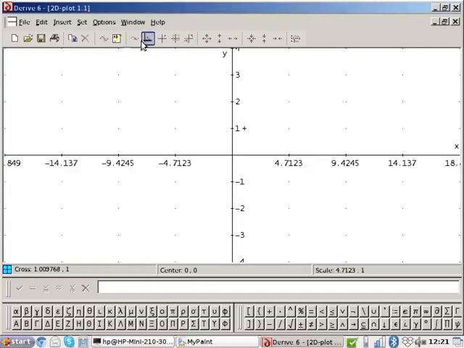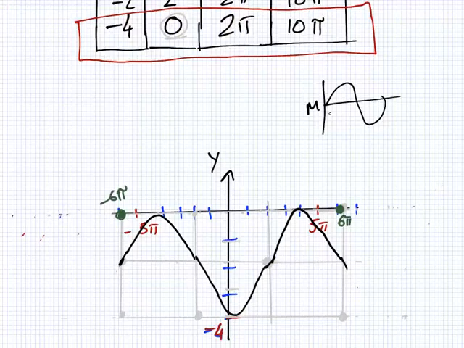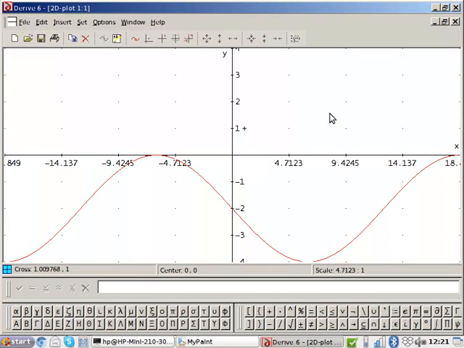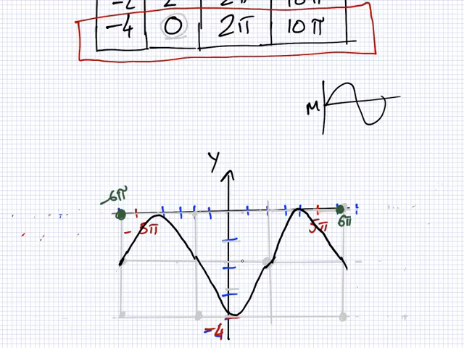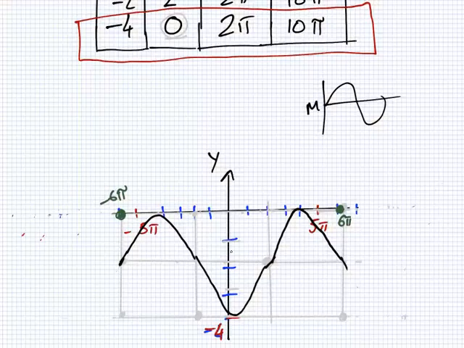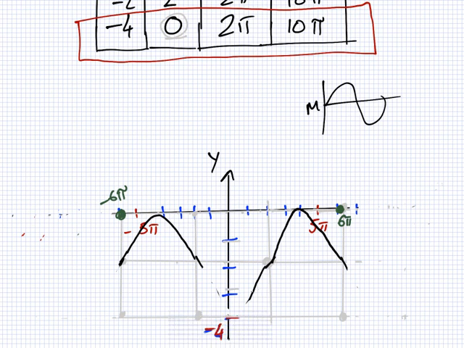There you go. Oh no, it is fine. Sorry, I haven't drawn my axis in strong enough. I kind of curved it the wrong way here.